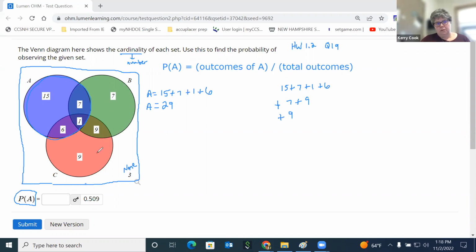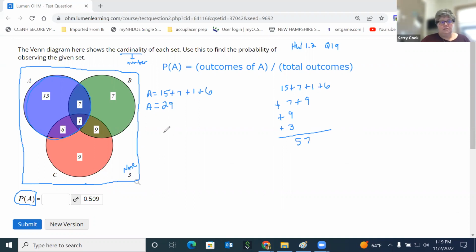So every number you see, but don't forget the none. So we need 3 more. So these represent all of the A's, anything that's B but not A, then anything that's C but not A or B, and then anything that's not in any of the groups. So if you total all that up, you should get 57.